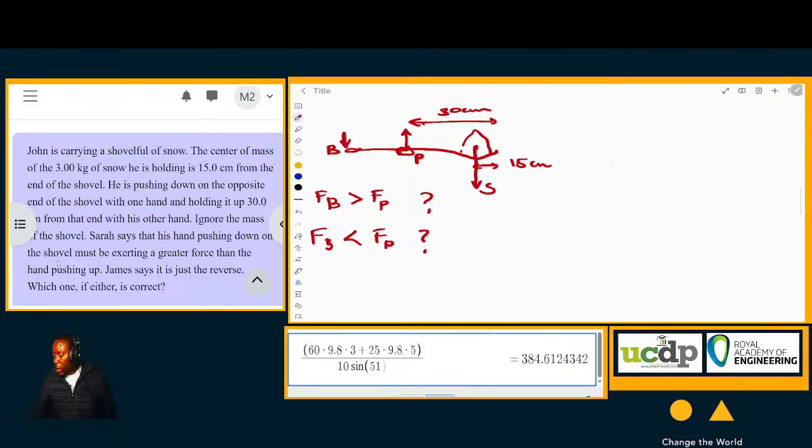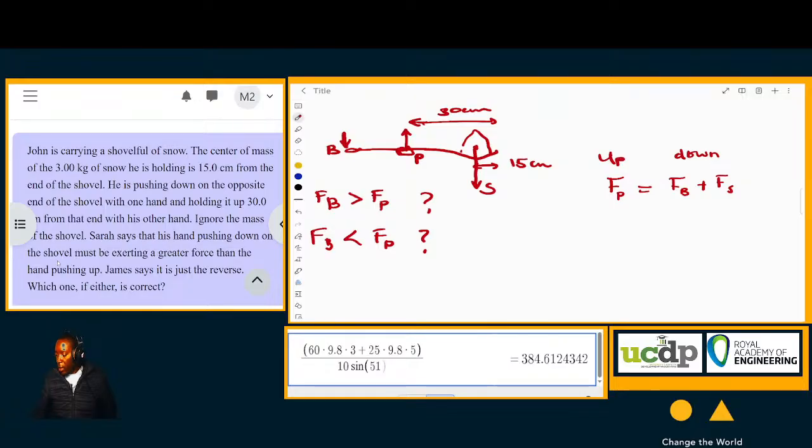So remember, for the net force, the force at P should be equal to the force at B plus the force at S in terms of translational forces. The net translational force should be equal to 0, meaning the upward forces should be equal to the downward forces. The two should be equal before we start with the turning effect.